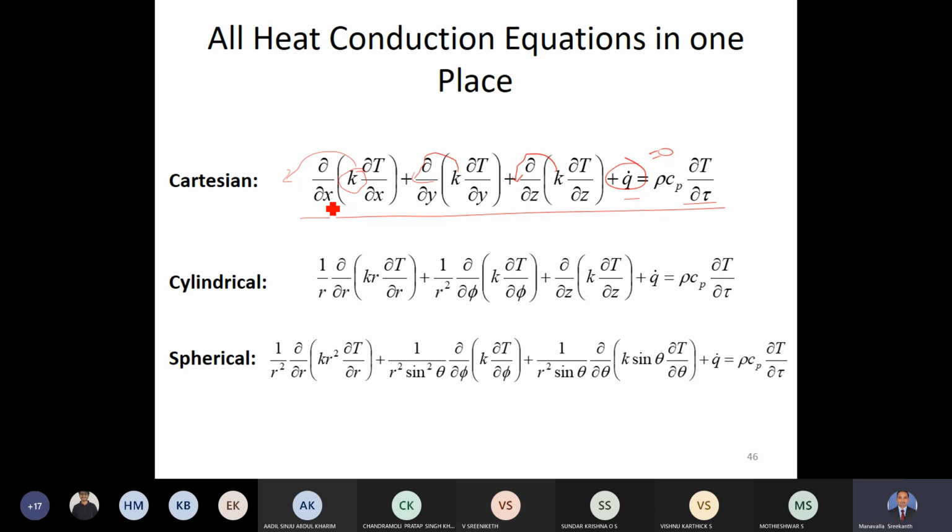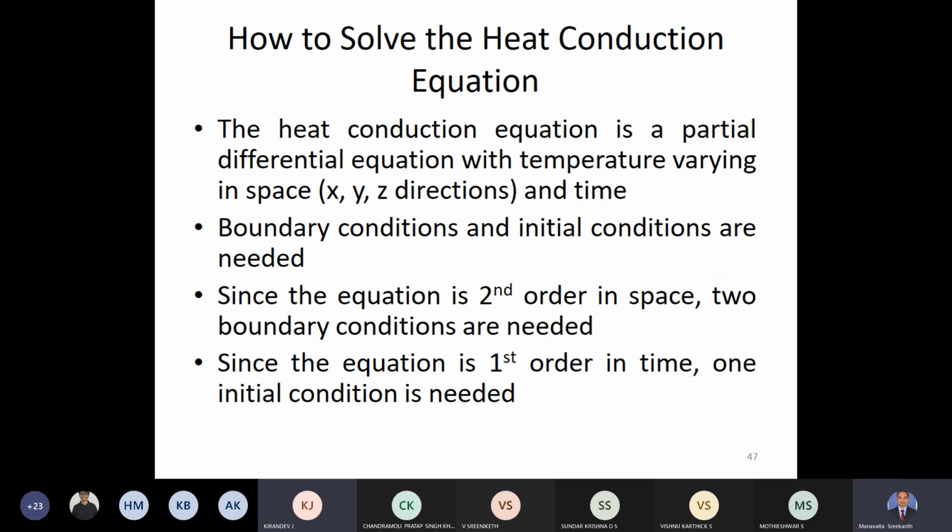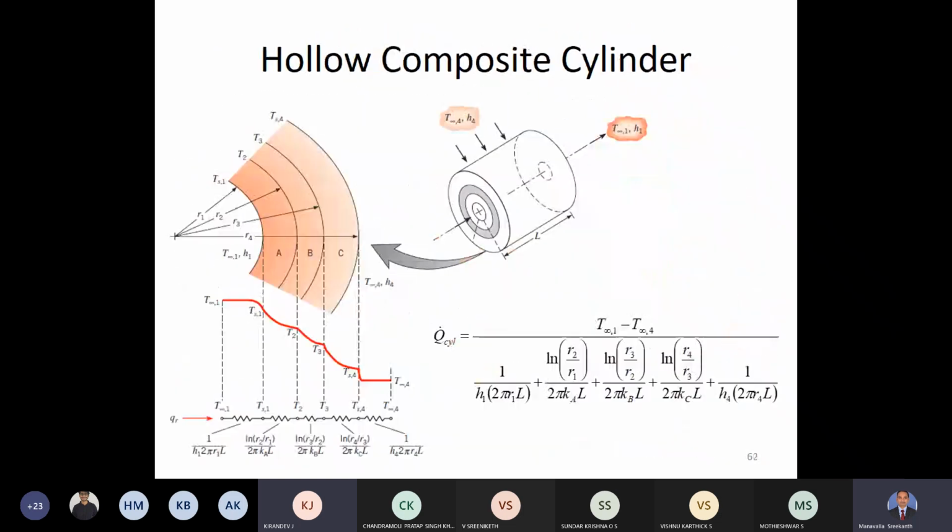All these three k's can be taken out, and we can write k outside the brackets. In further steps, we can take this k to the right hand side, so this becomes rho c by k. In this way we can simplify and then proceed with the solution. I will demonstrate how to do that.